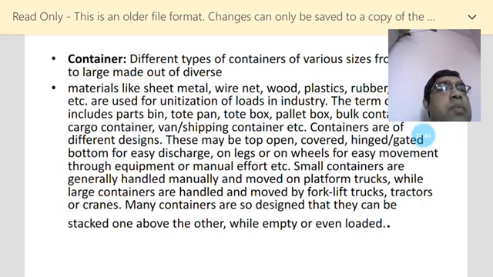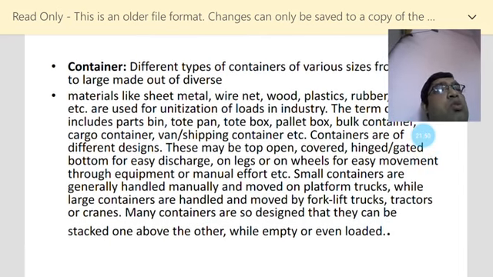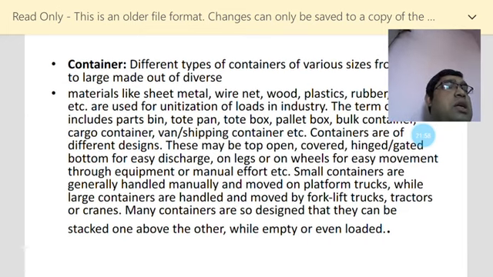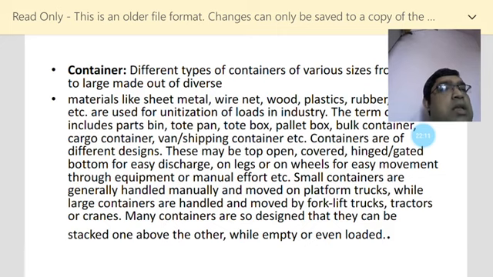The container may be top open or top covered, and sometimes you consider both open and covered. When crops are transferred, you have to use a covered one, and sometimes for bulky loaded materials like iron and cast iron, all types of materials transferred from one place to another, a cover is not required, and it will be open.